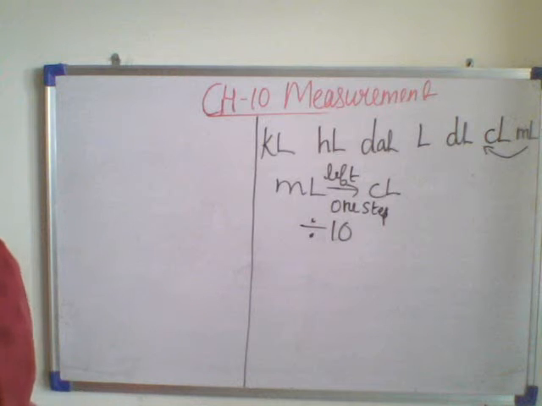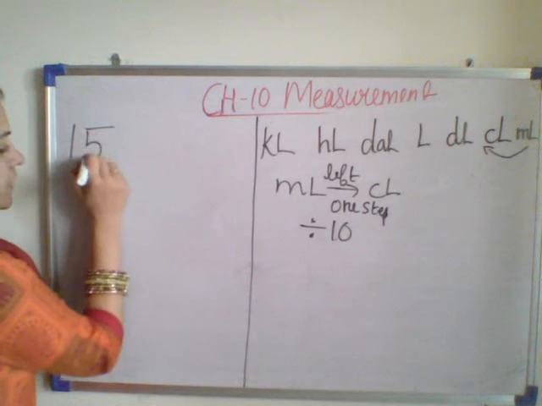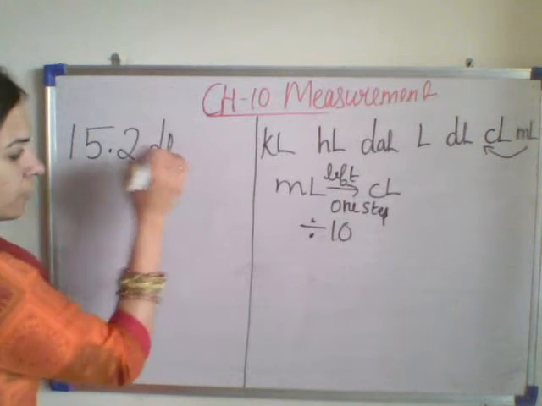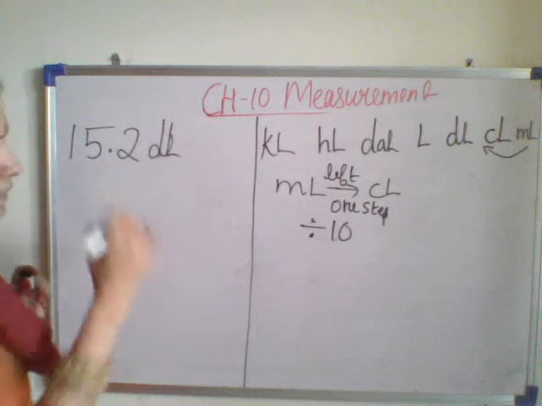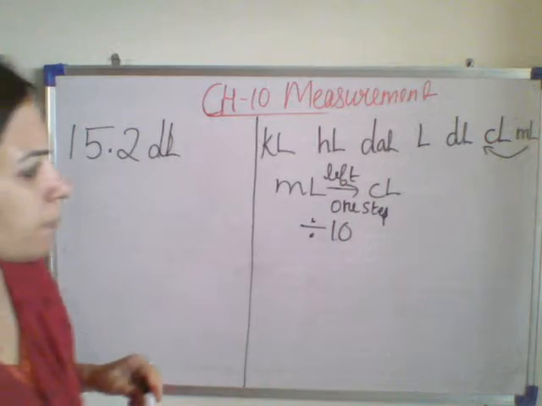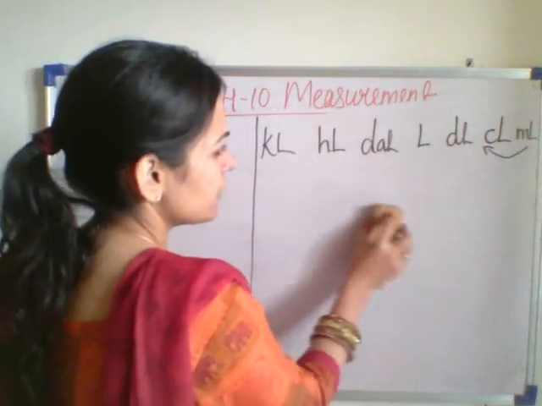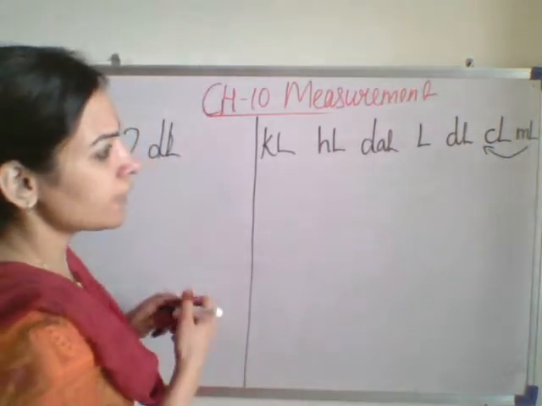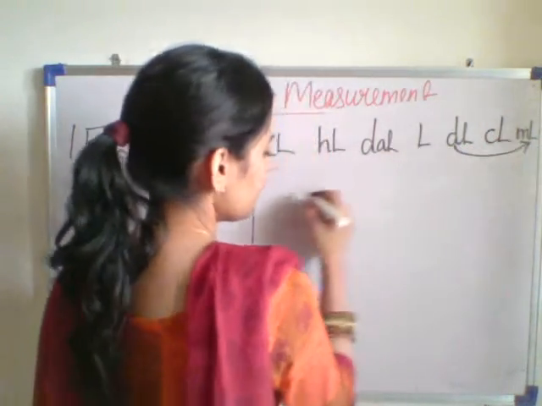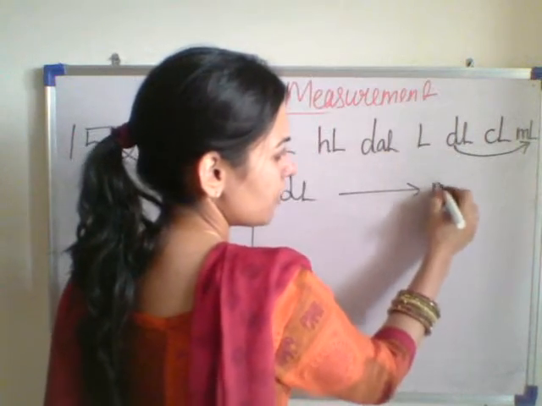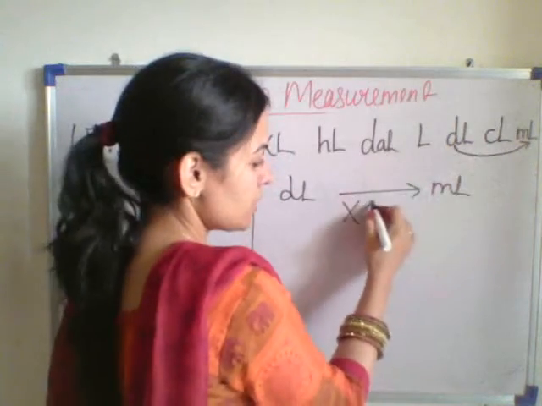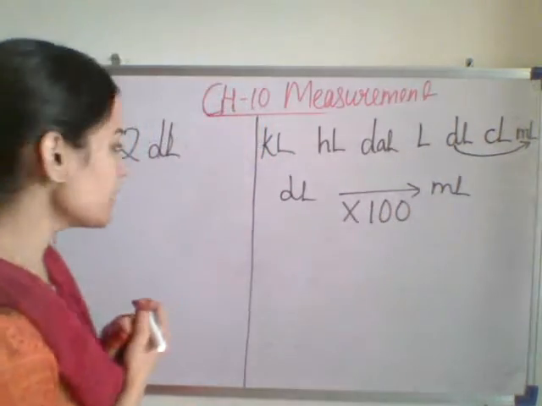Let us take some decimal number. Suppose it is 15.2 deciliter. I have to convert this 15.2 deciliter into milliliter. See, here this is deciliter, I have to convert it into milliliter. How many steps it is? 2 steps towards right. So I will be multiplying this with 100.